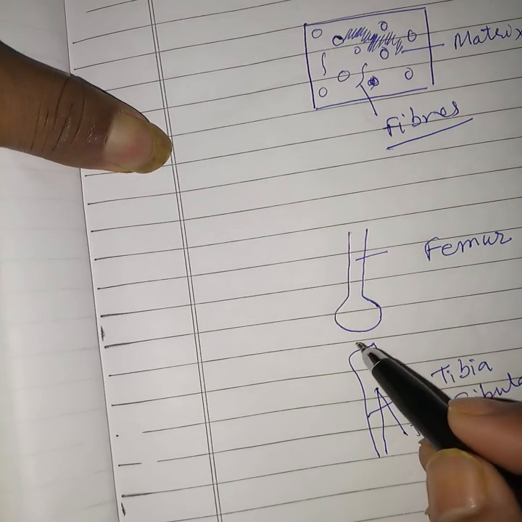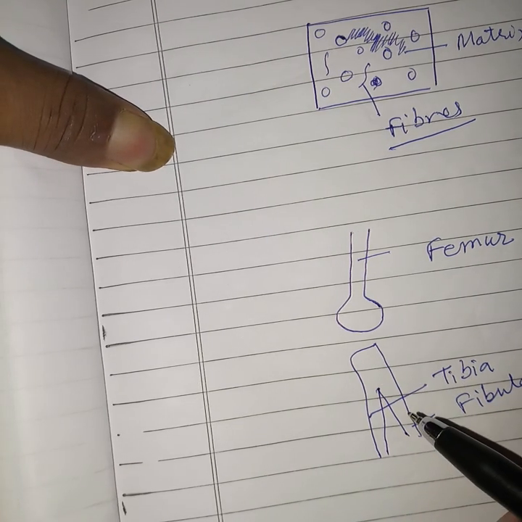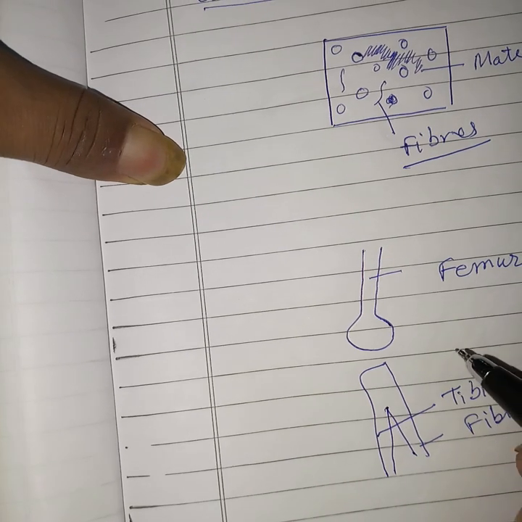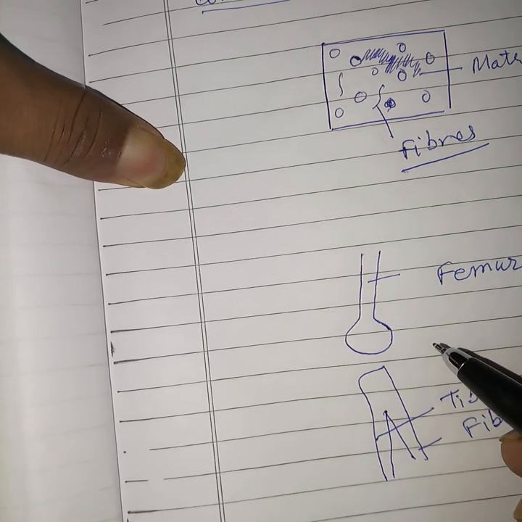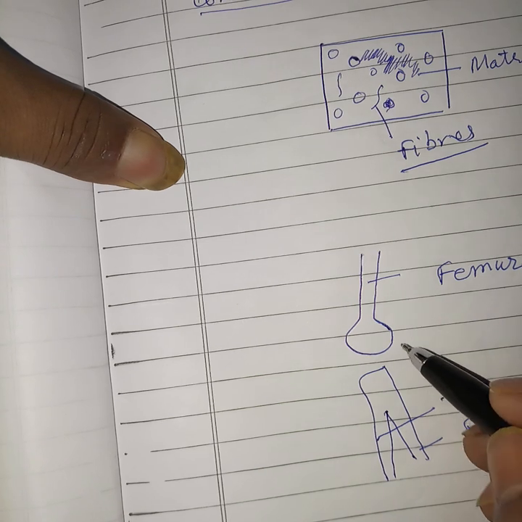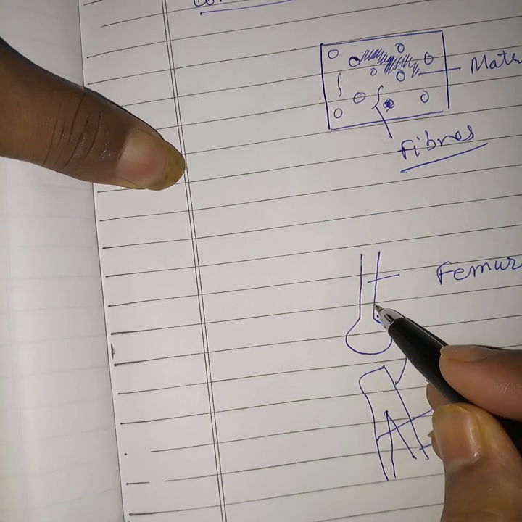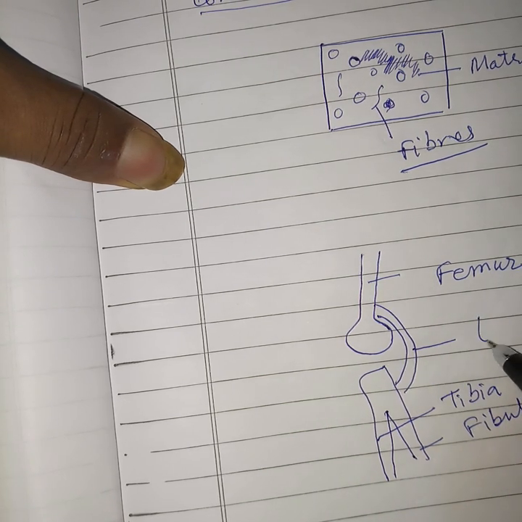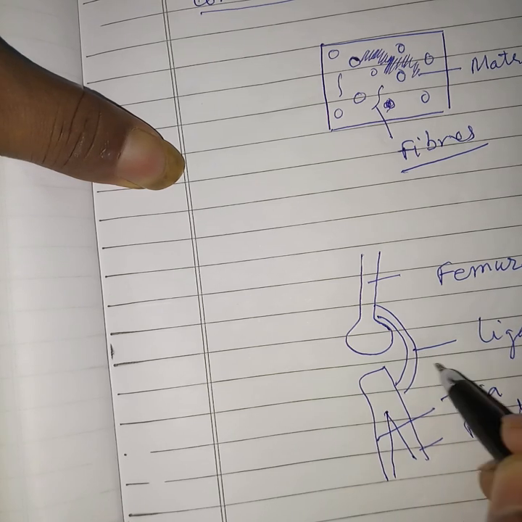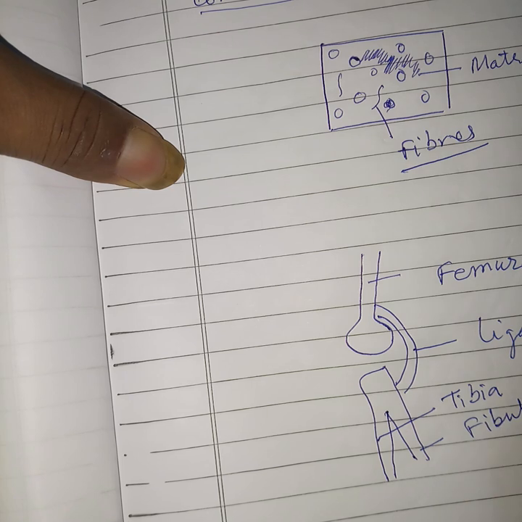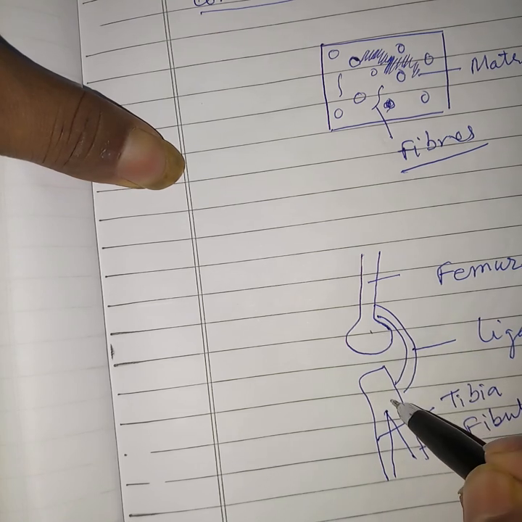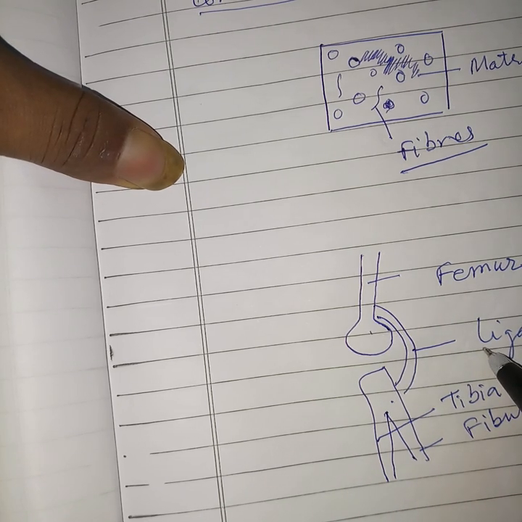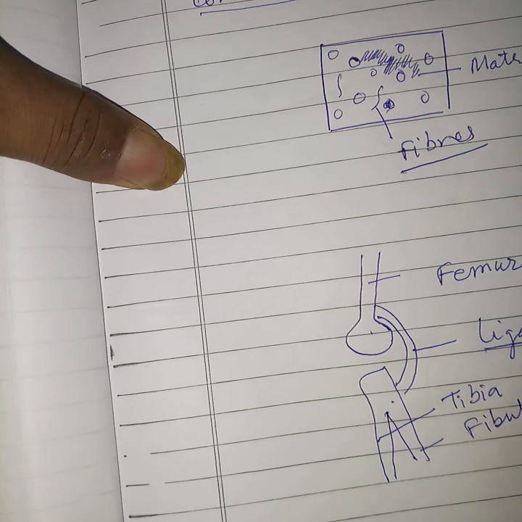There is a space in between the two bones. These two bones are connected by a structure known as ligaments. So this ligament is used to connect a bone with another bone and hold them in position.